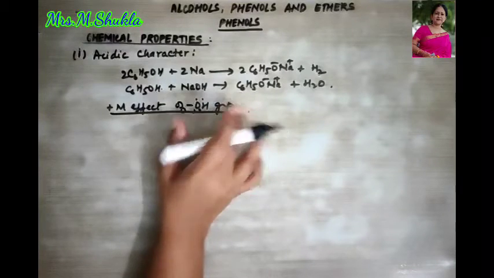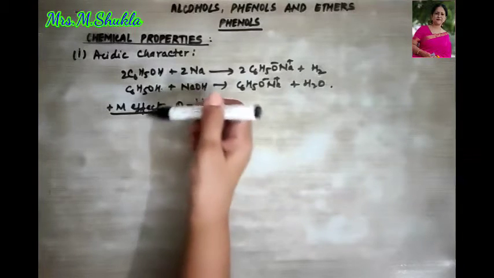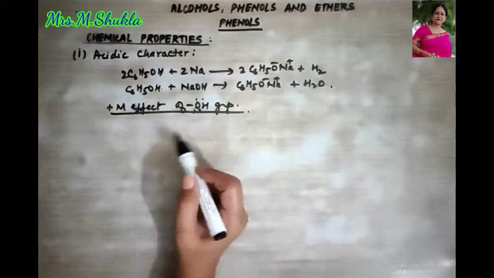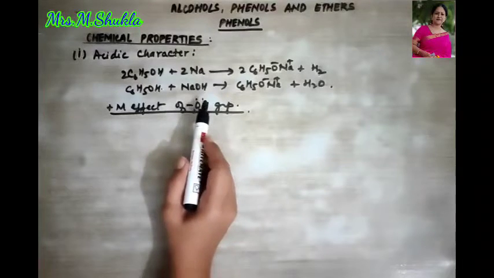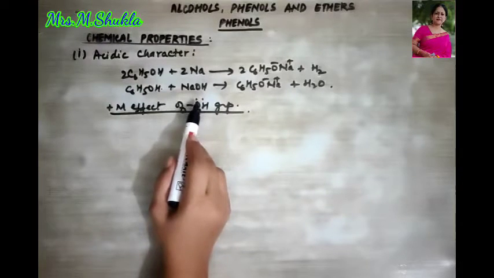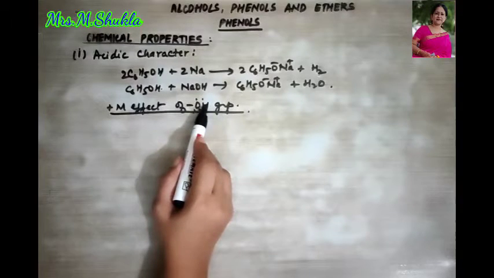What happens over here? The lone pair of electrons on oxygen enters into delocalization with the benzene ring, right? And thereby it makes oxygen develop a positive charge over it. Now this positive charge on oxygen reduces its hold over the hydrogen of the OH group. Followed?